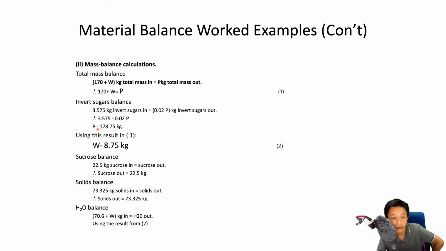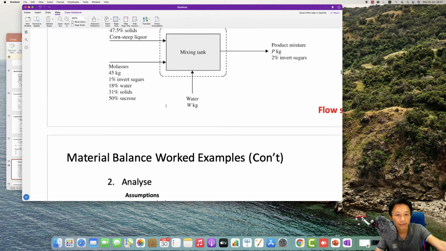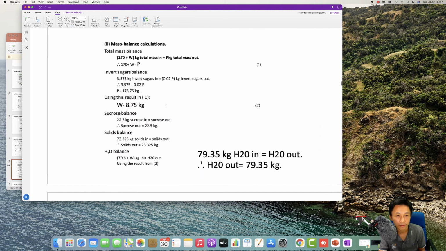So from this equation we have P equal to 178.75, and from this equation we can identify W. This is not a minus sign, it is an equal sign. Let me have a look at this first.